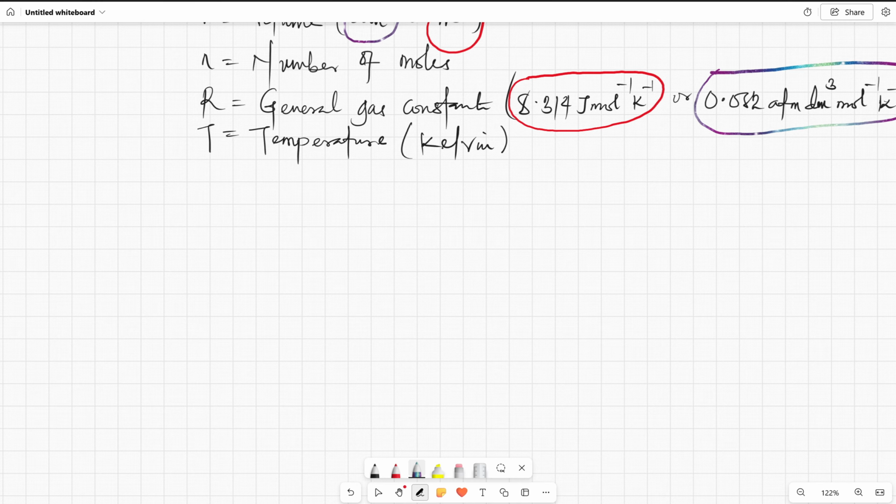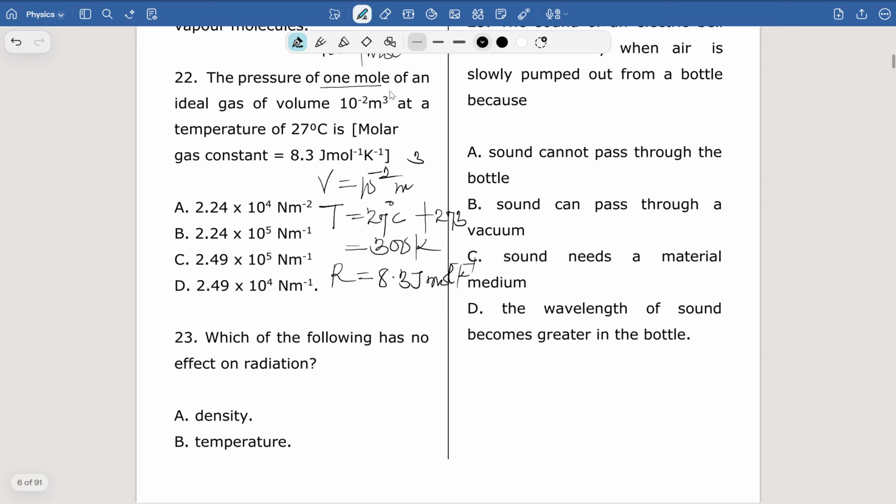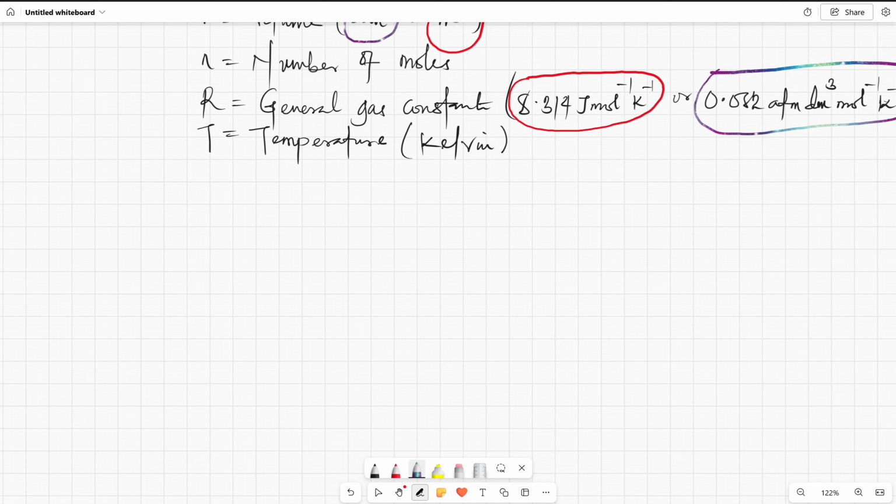Now let's get back to the question. We are looking for pressure, and it says 1 mole, so n is equal to 1 mole. To solve, PV is equal to nRT, so P is equal to nRT divided by volume.